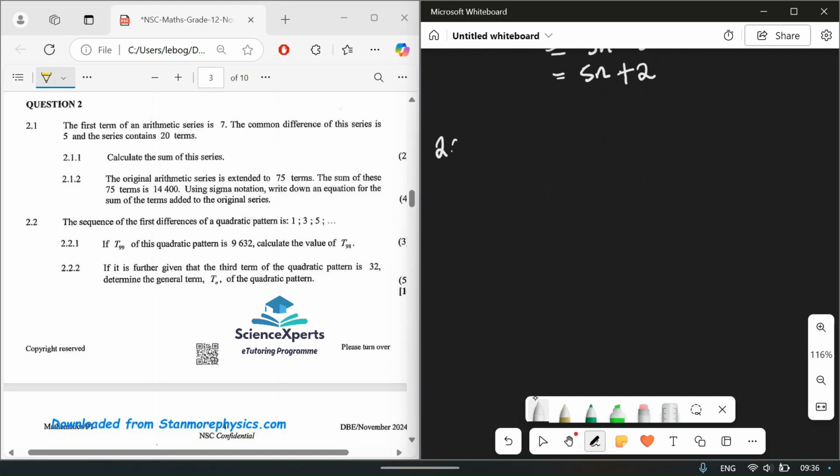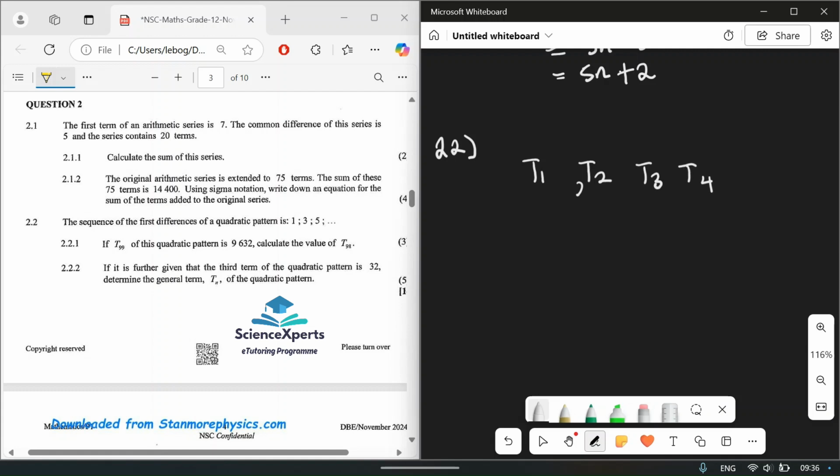Question 2.2: the sequence of the first difference of a quadratic pattern is 1, 3, 5. This is the sequence of the first difference. You know that a quadratic pattern goes like this: you have T1, T2, T3, then T4.